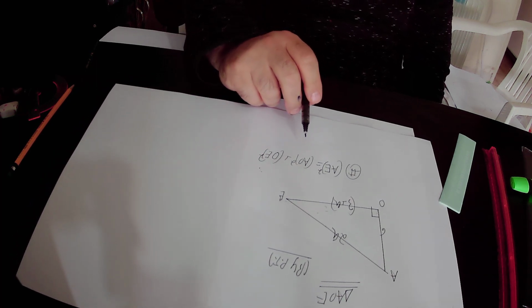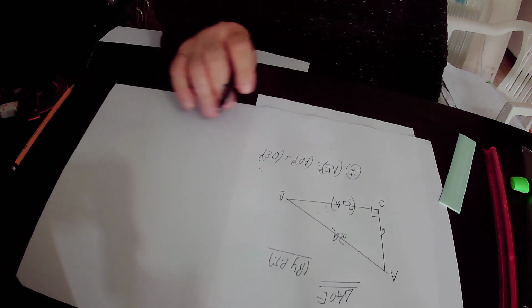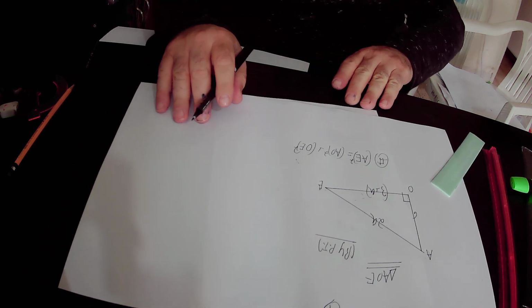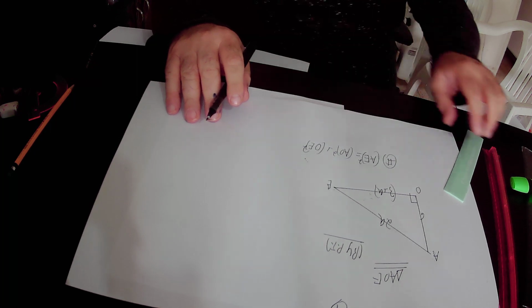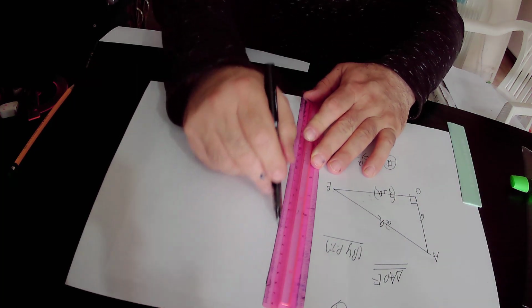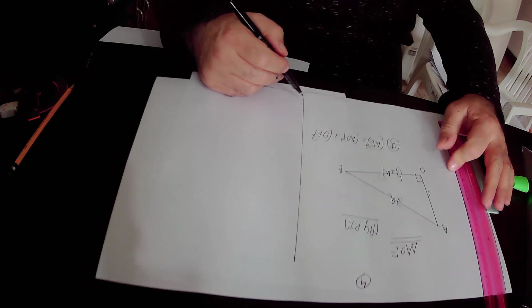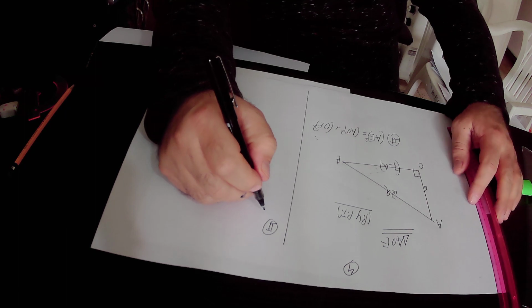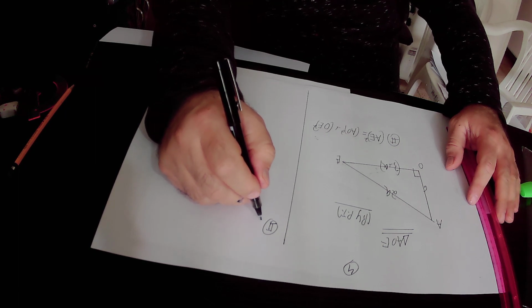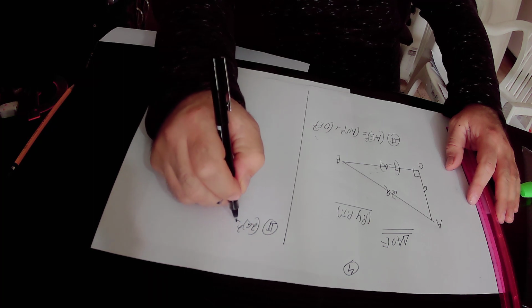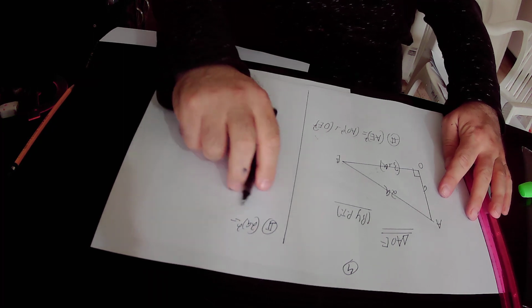So AE equals 2A, therefore AE squared equals 2A squared, and it is equal to AO squared.